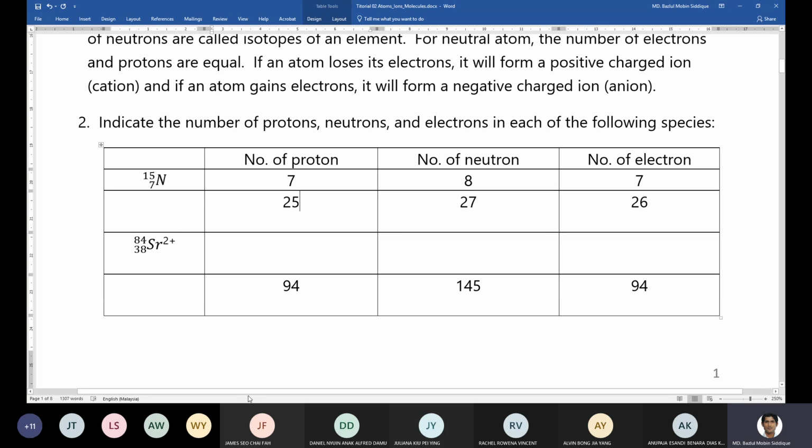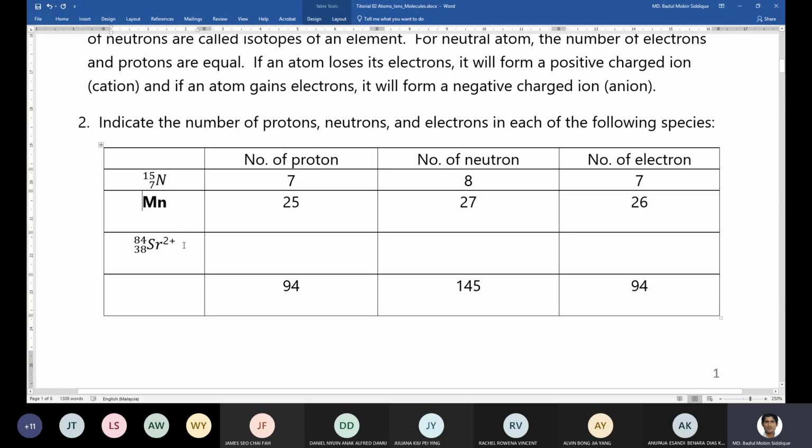For this case, it is saying 25. It says 25 protons, then 27 neutrons, and then 26 electrons. If we look at the periodic table, we will see that 25 protons is manganese.